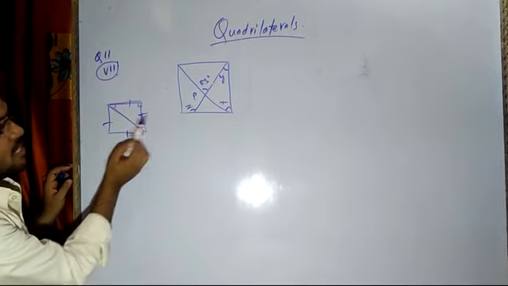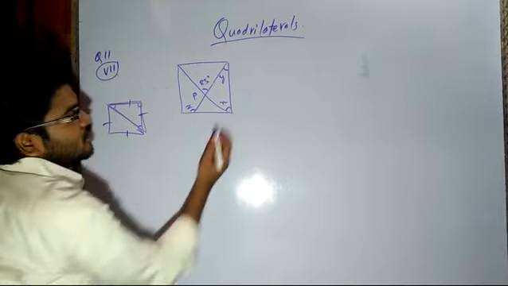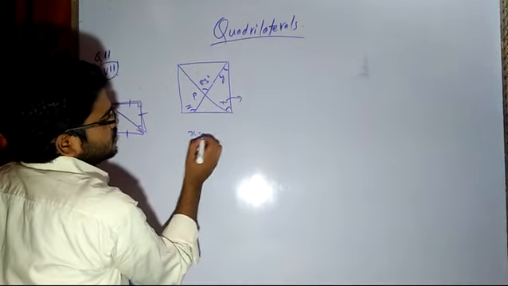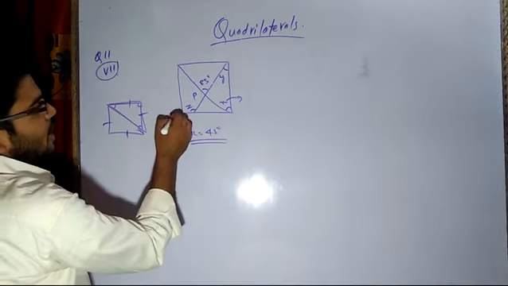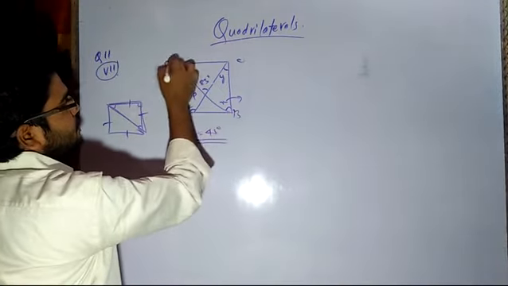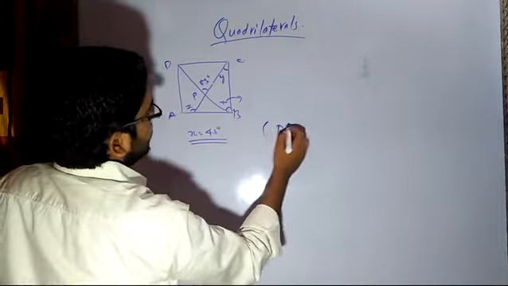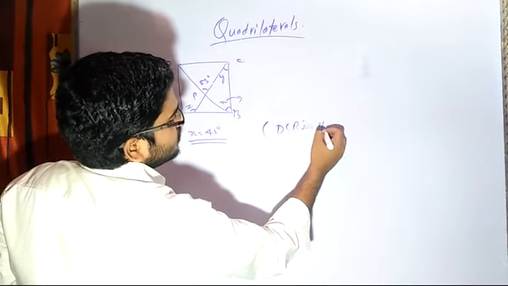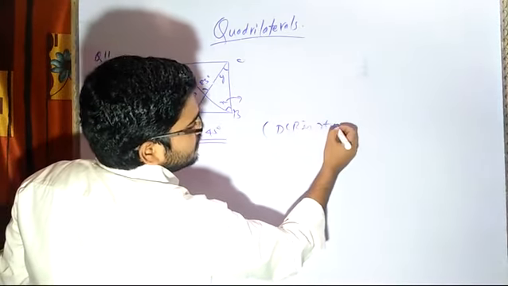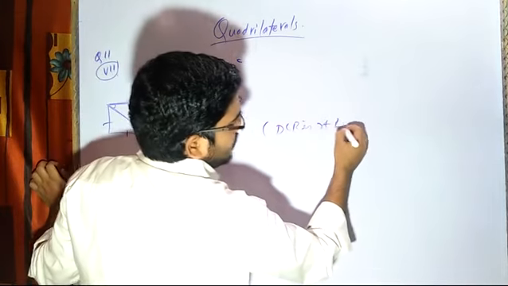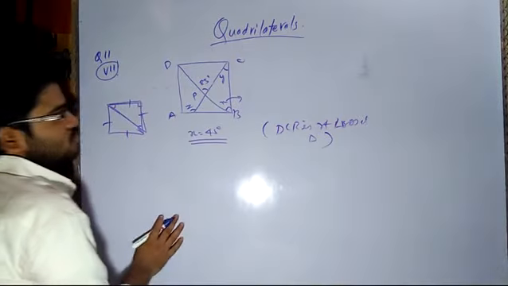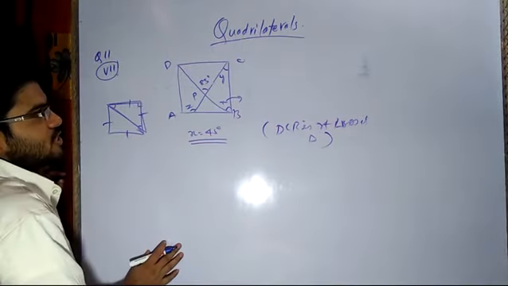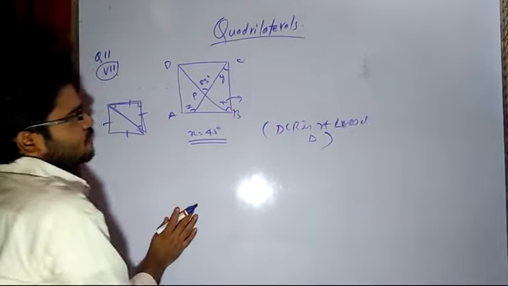Corner angle 90 degrees plus 45 plus 45 makes 180 degree. So directly you can say x is equal to 45 degree. For the reason, you can write that DCB is a right angle isosceles triangle. Therefore, x is equal to 45.